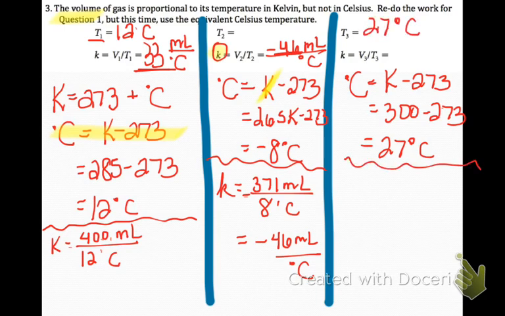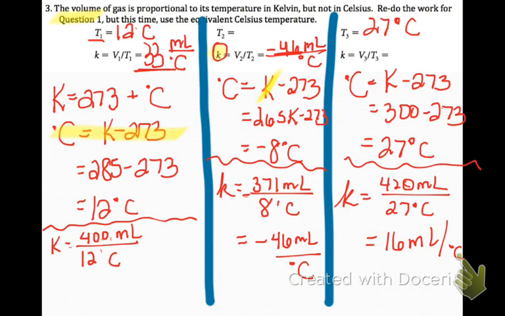I'll plug this into little k. So little k is equal to V3, which was 420 milliliters over 27 degrees Celsius. And that ends up giving me 16 milliliters over degrees Celsius. So this is 16 milliliters over degrees Celsius.